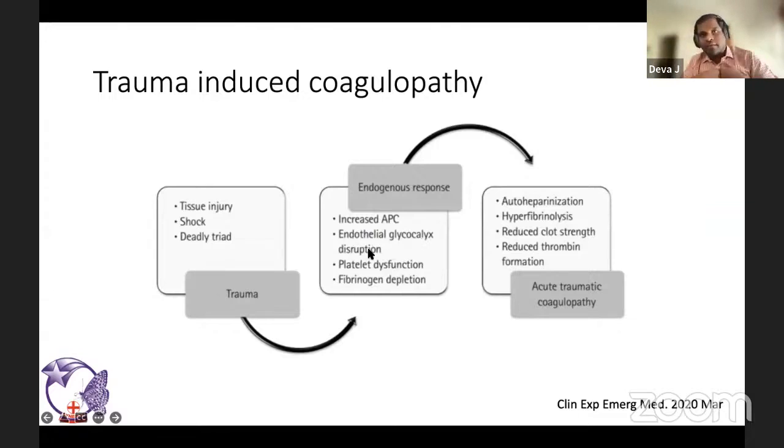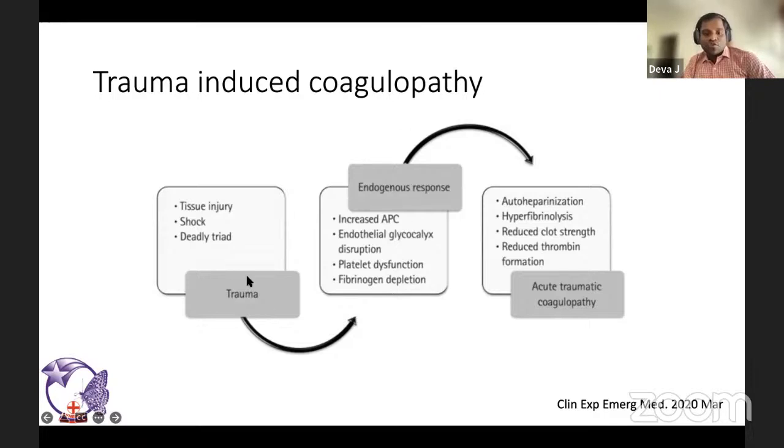Inside the vessels, the endothelial layer has a glycocalyx layer that gets damaged, and because of that there is platelet dysfunction, fibrinogen depletion, and increased expression of APC. The endothelial glycocalyx disruption leads to increased activated protein C. There is also platelet dysfunction from the mediators released from the tissue injury, and there is fibrinogen depletion.